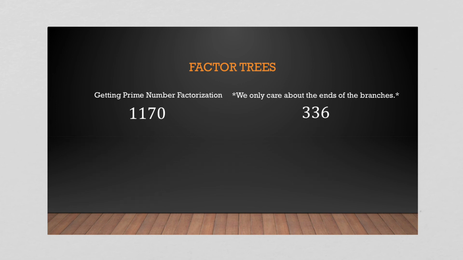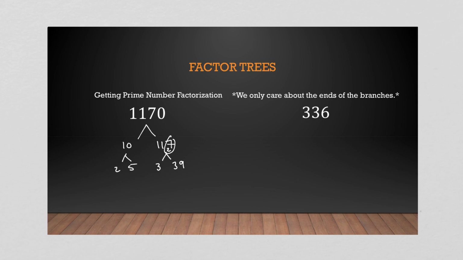Two more. So 1170. Well, it ends in a 0. Let's start there. 10 times 117. Well, 10 is 2 times 5. Now, you might be looking at the number 117 thinking that's got to be prime. It's got a 7 on it. And sometimes brain logic like that seems like it should be right, but you actually got to look a bit deeper. Just because it ends in a 7 means nothing, okay? 7 plus 1 plus 1 is 9. Divisible by 3. 3 goes into 11 3 times with 2 remainder. 3 goes into 27 9 times.